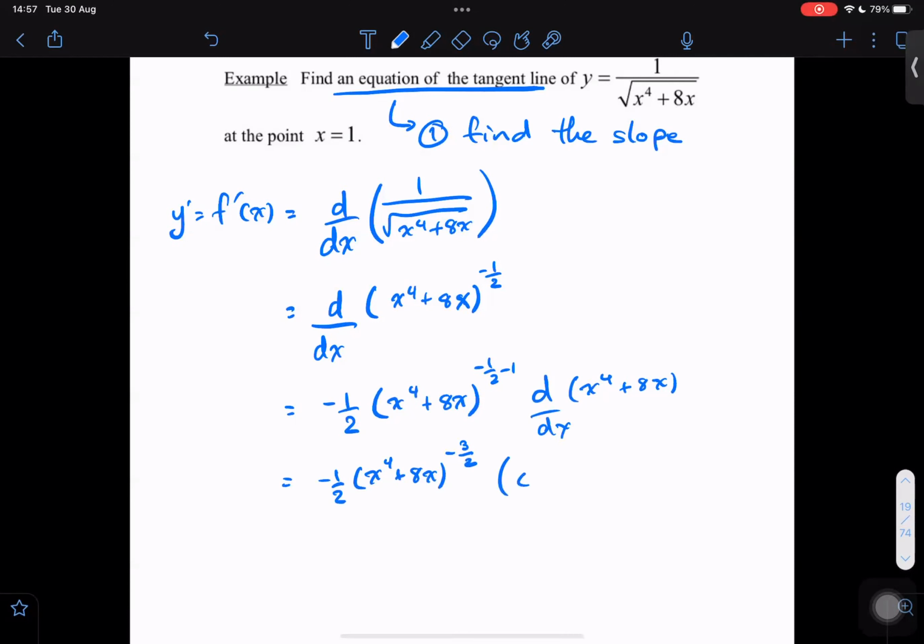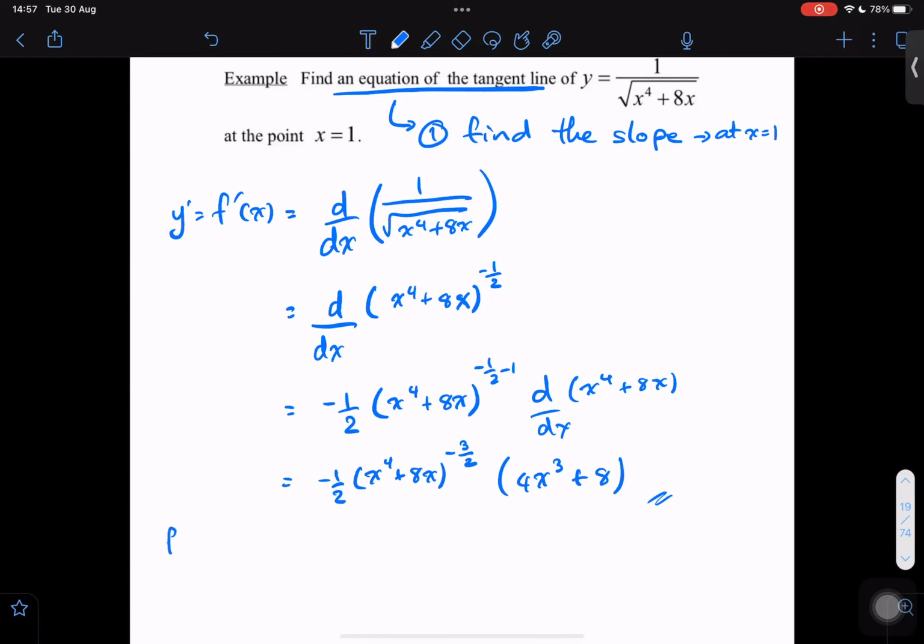And this will become 4x cubed plus 8. You already find the slope, right? But they ask you at x equal to 1, at point x equal to 1.